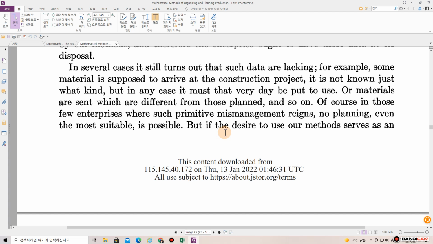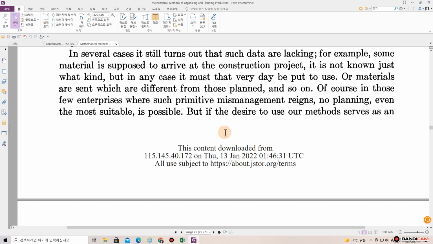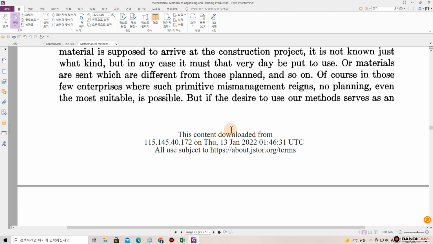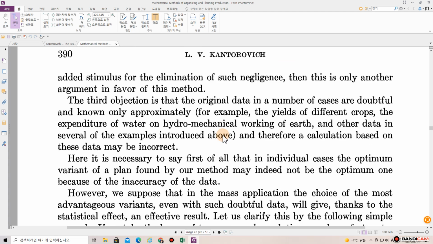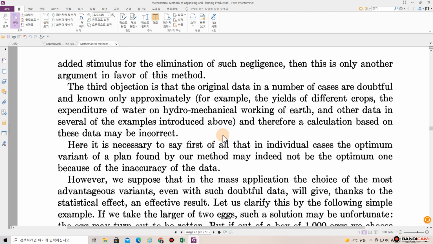Of course, in those few enterprises where such primitive mismanagement reigns, no planning, even the most suitable, is possible. But if the desire to use our methods serves as an added stimulus for the elimination of such negligence, then this is only another argument in favor of this method.